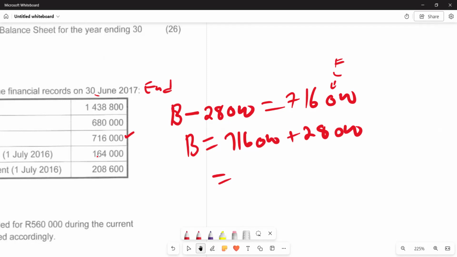We're going to get 744,000. So this is the figure that we have for equipment in the beginning. You can go there and enter it as our cost price.